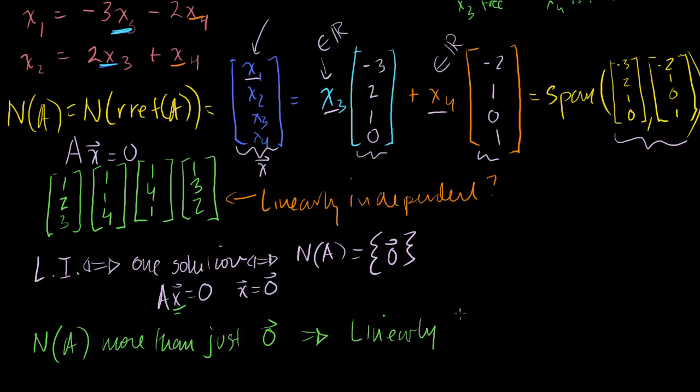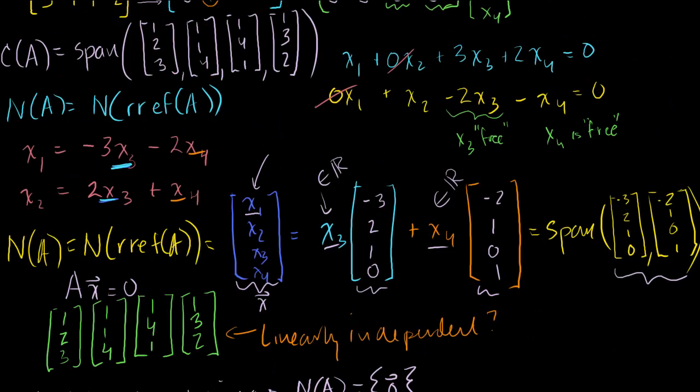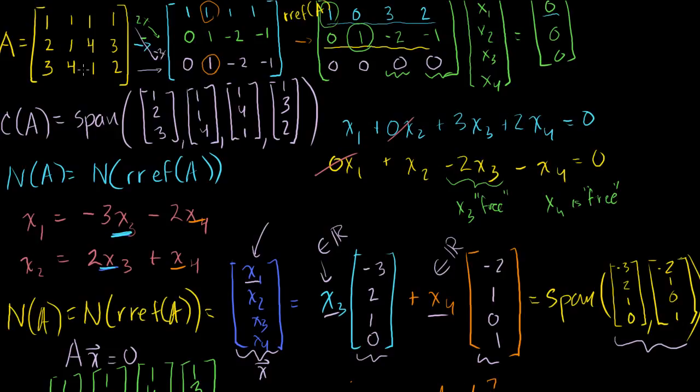and that means that this is a linearly dependent set. And what does that mean? Well, at the very beginning of the video, I said, what's the column space of A? And we said, oh, the column space of A is just the span of the column vectors, right? I just wrote it out like that. And I said, well, it's not clear whether this is a valid basis for the column space of A. And what's a basis?